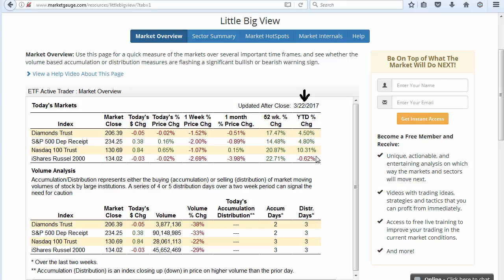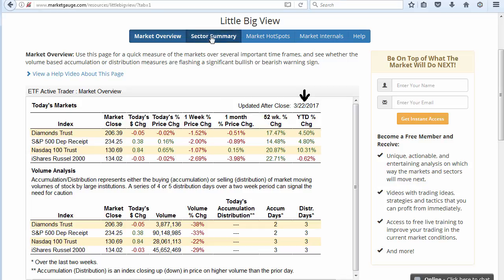So IWM is going to be down on the year and a new low for the year if it breaks through its recent lows. That is an incredibly bearish, I don't want to scream top here, but it's an incredibly bearish development. And if we see the others start to follow suit, then this is something you want to pay attention to.